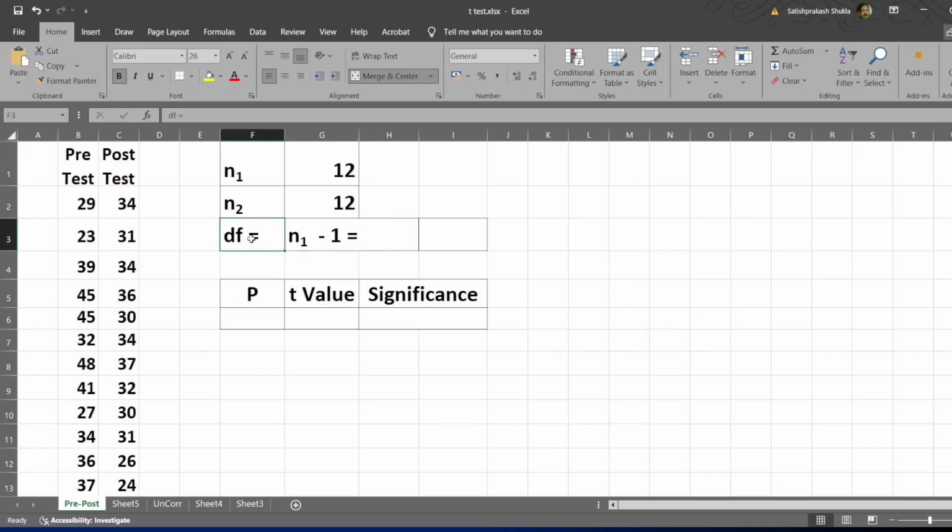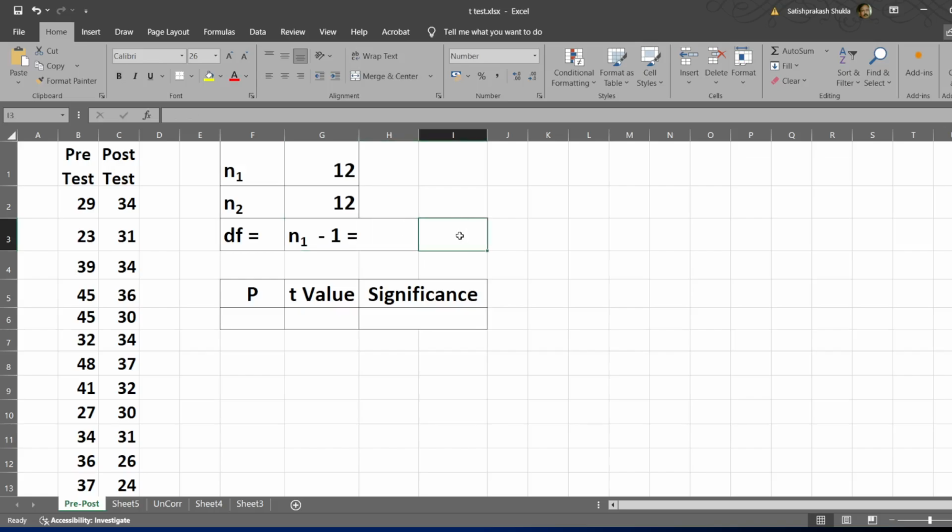Now we'll find DF. The formula of DF is N1 minus 1. Friends, remember, when two correlated means are given, then DF is found by using this formula N1 minus 1 or N2 minus 1, because in both the groups the number of observations will always be equal, because here we have to find R also. If we are finding the T value manually, then we need R also.